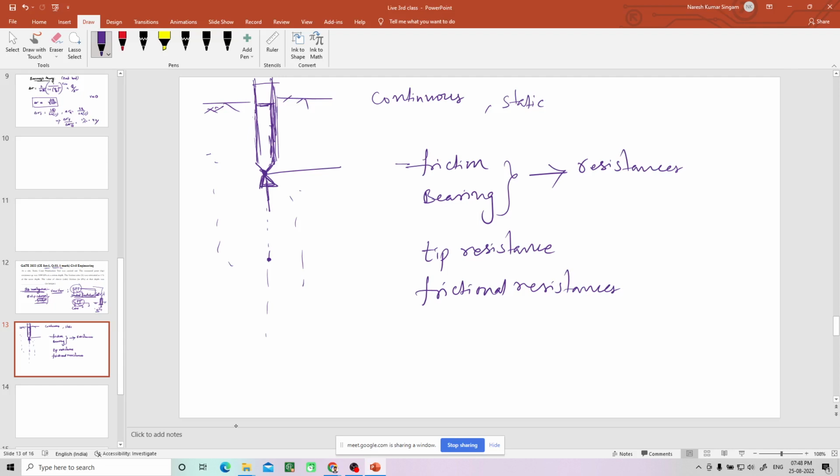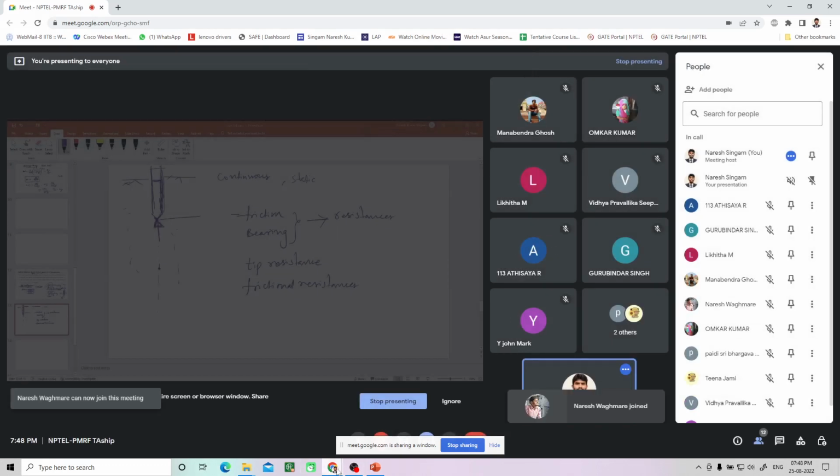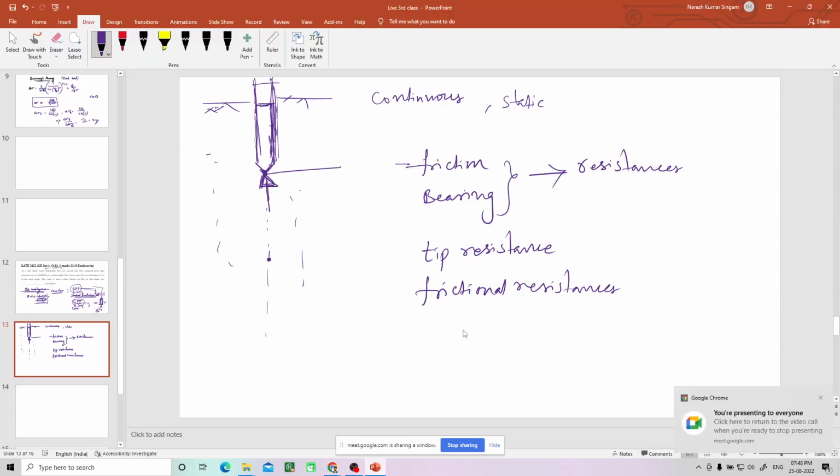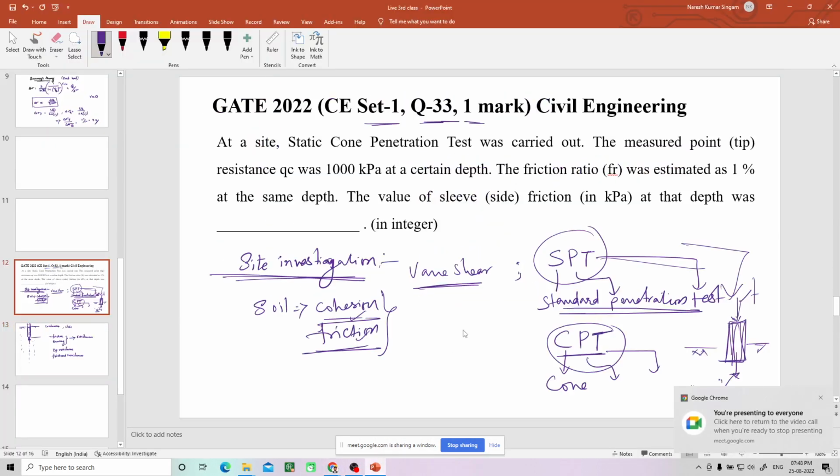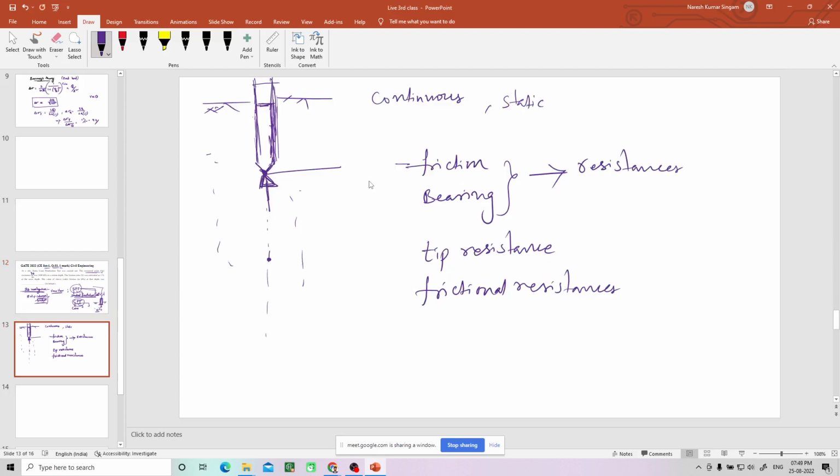There will be some formulas. So what is given in the question? First we will read the measured point or tip resistance, QC. It is also denoted by QT. That is given as 1000 kPa. Remember, that is tip.